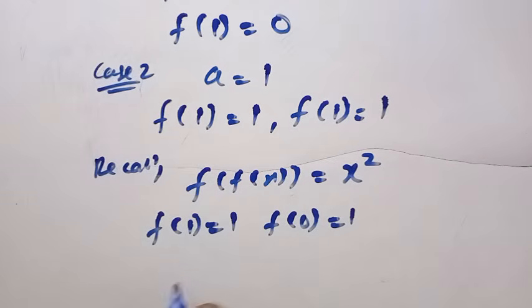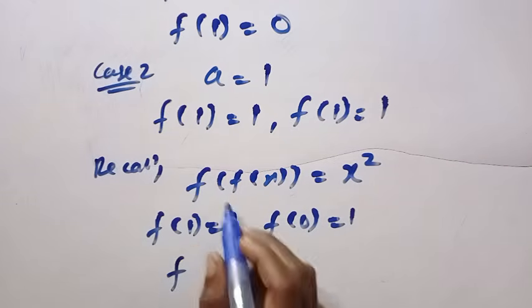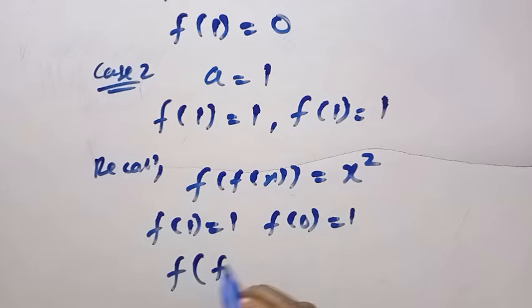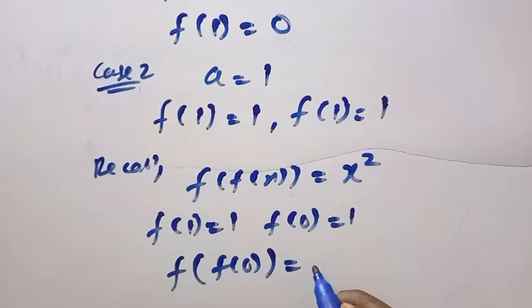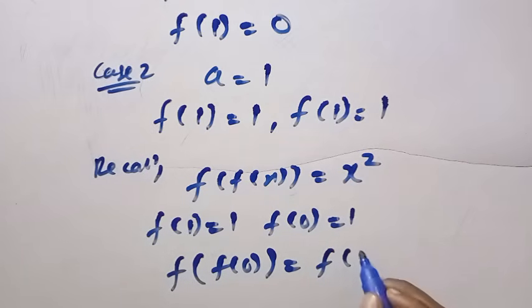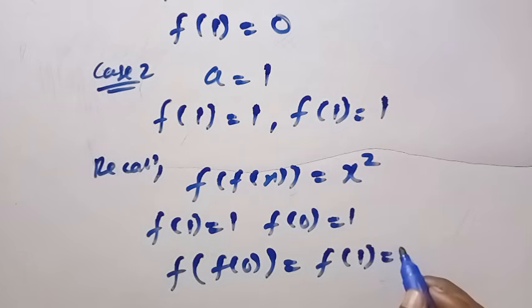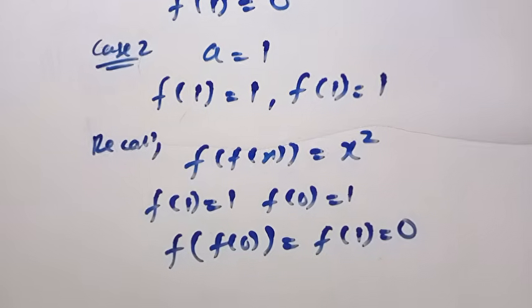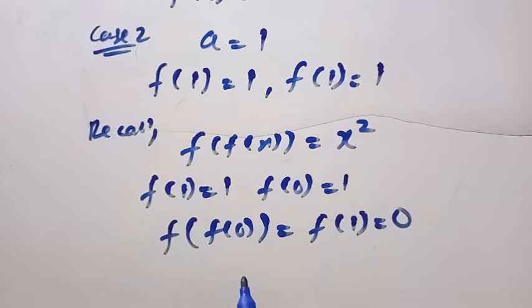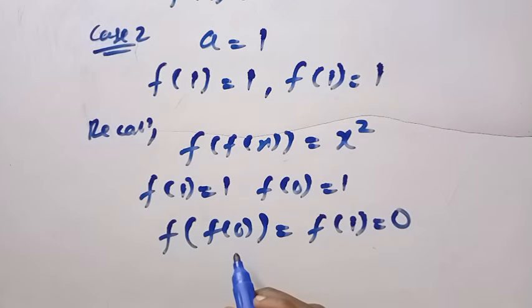Then letting x be equal to 0, we are going to have f of 0 equals 0 squared, but f of 0 here is giving us 1, so we have f of 1, then everything here equals 0. So we see that 0 squared equals 0, so that is consistent.